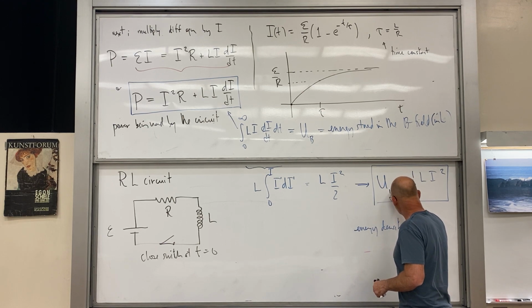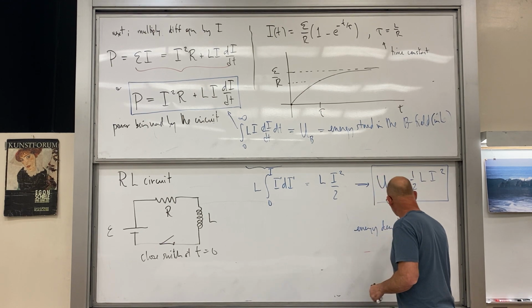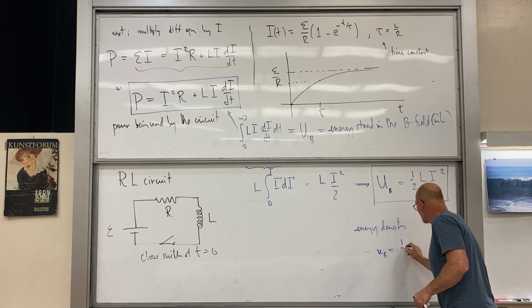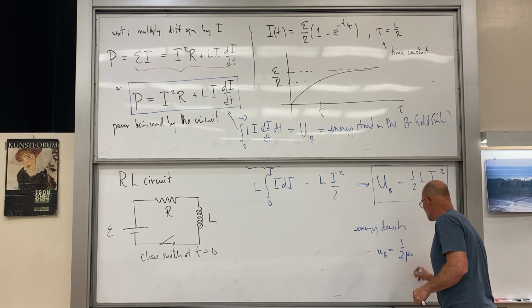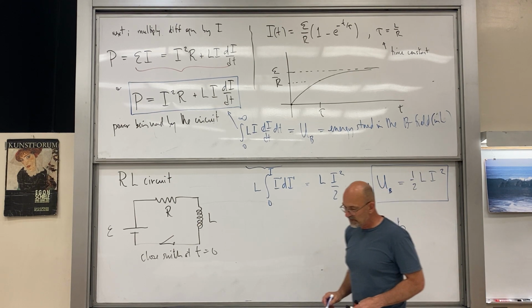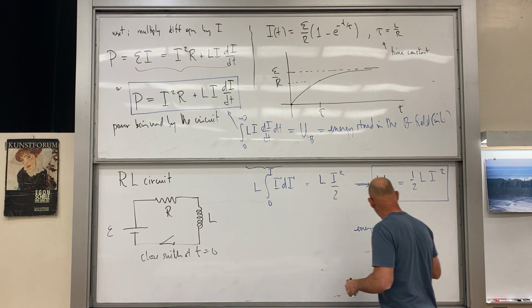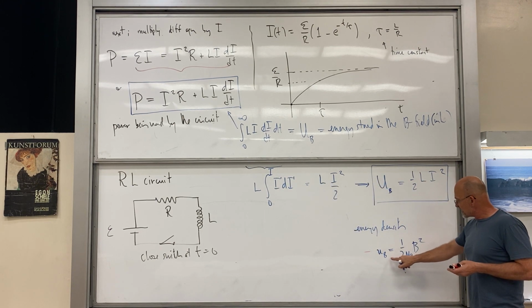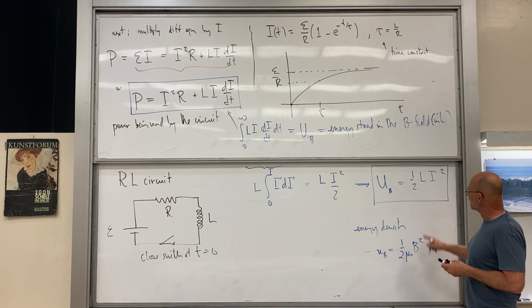Let's go ahead and put a lowercase u sub B here, which is going to be 1 over 2 mu naught B squared. And we'll stick with that, B squared. When you integrate this up with volume, then you'll end up with this.